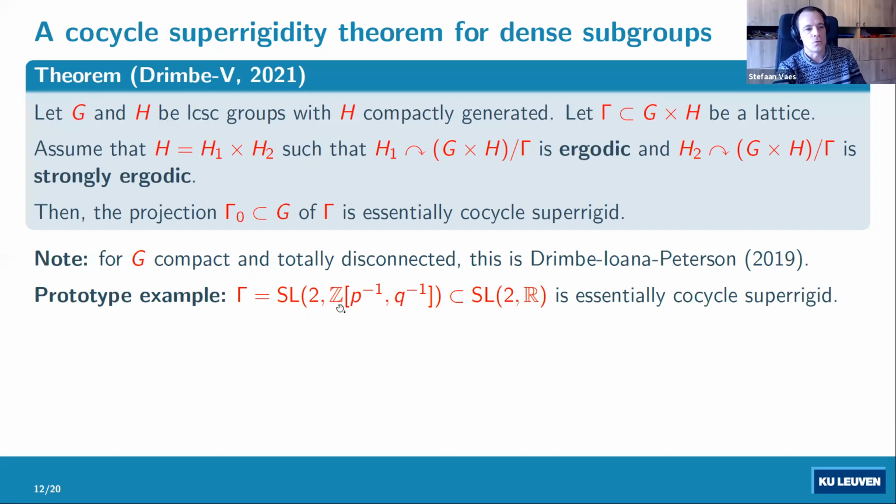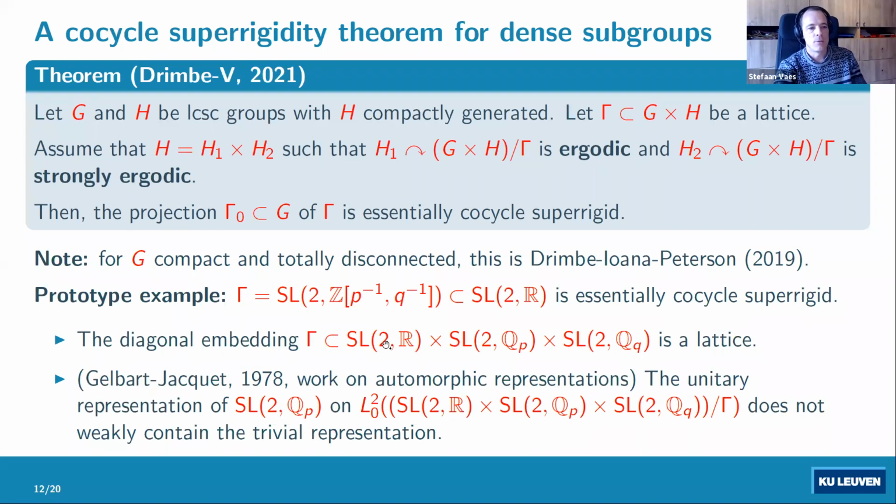Because if you add to Z the inverse of p and the inverse of q, 2 different primes, well, here is the lattice. So it's an arithmetic lattice. If you take the group SL2(R) and then SL2(Q_p) and SL2(Q_q), then the diagonal embedding of this group is, as you know, a lattice. And then we have to look at these conditions here.